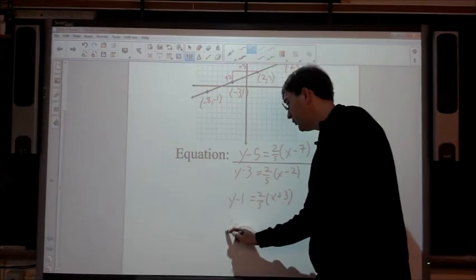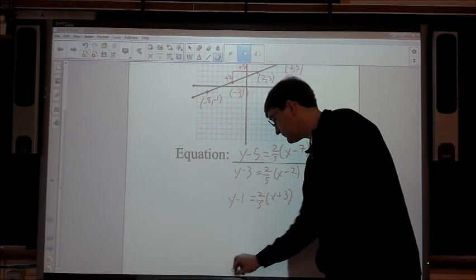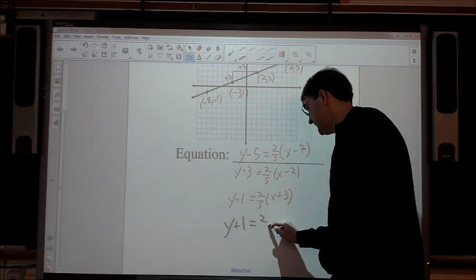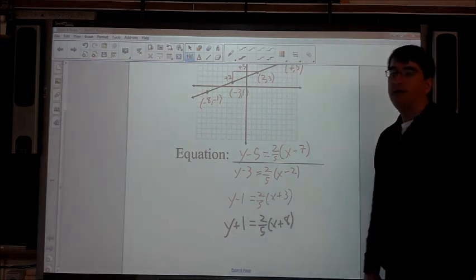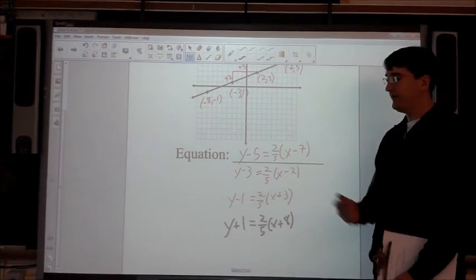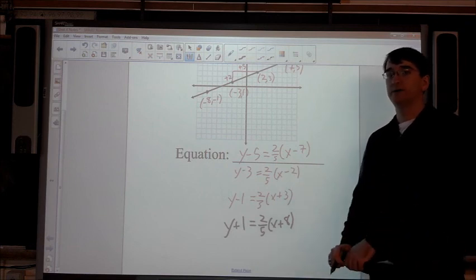Or we could say y plus 1 is equal to 2/5 times x plus 8. You don't have to give all of them, just give one. As long as the point is correct and the slope is correct, it really doesn't matter which equation that you give.